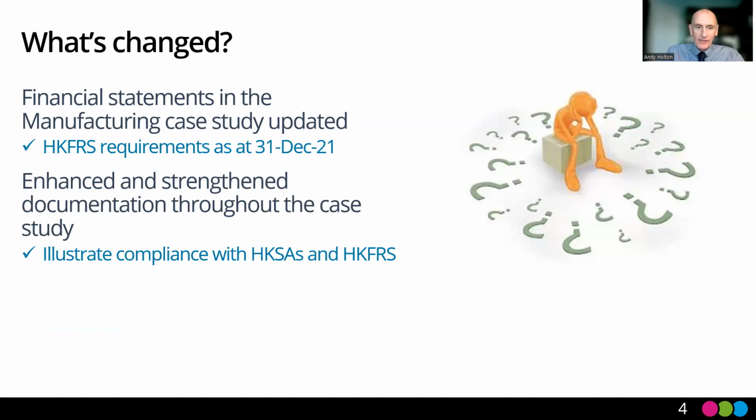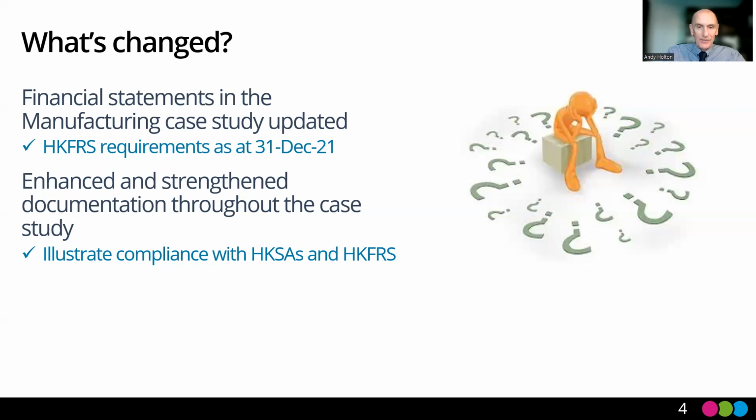In the manufacturing case study, the example financial statements have been updated. So these now reflect HKFRS requirements as at 31st December 21. And in addition to updating the case study to use the new form, so in particular reflecting the additional work on implementation of the revised HKSA 315, the work on HKSA 540 has been embedded within the manufacturing case study, whereas before the examples were standalone.